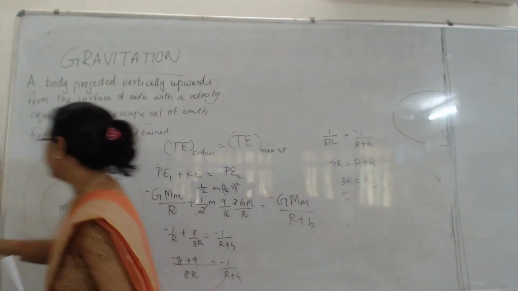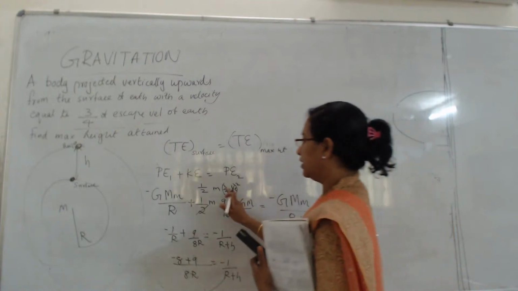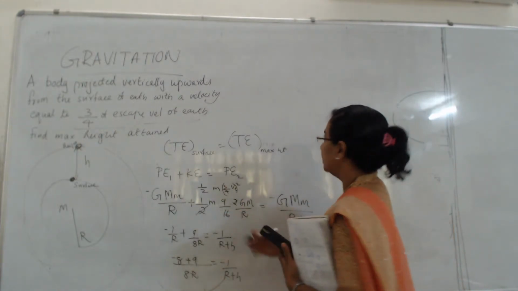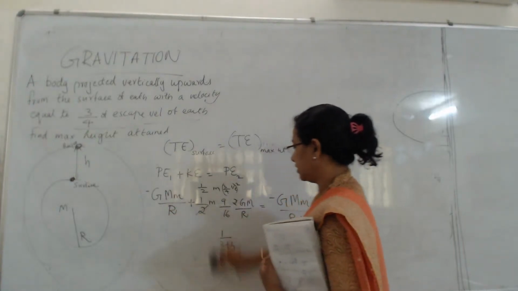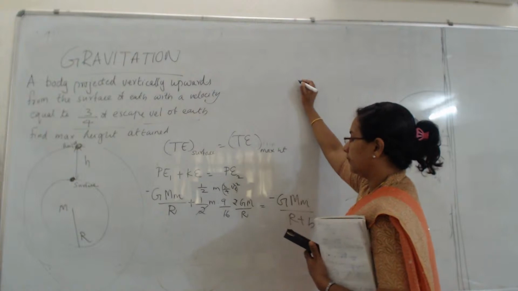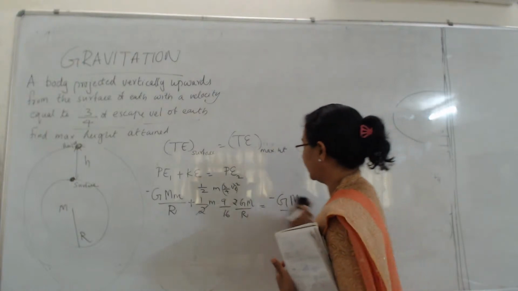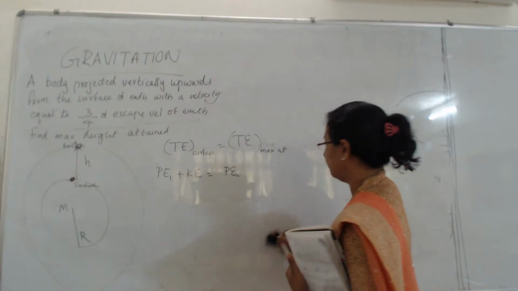Wait a minute. If you want one more step, I will write it here. This step we should write. Here, squaring is where we are having the problem. We will write it like that; that will be better, I feel.